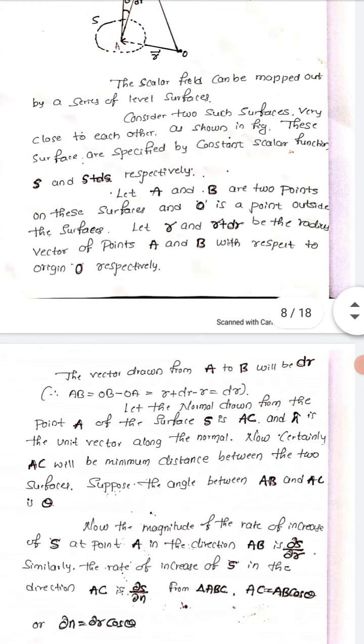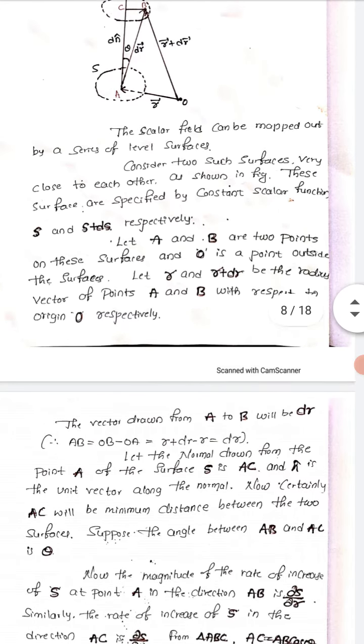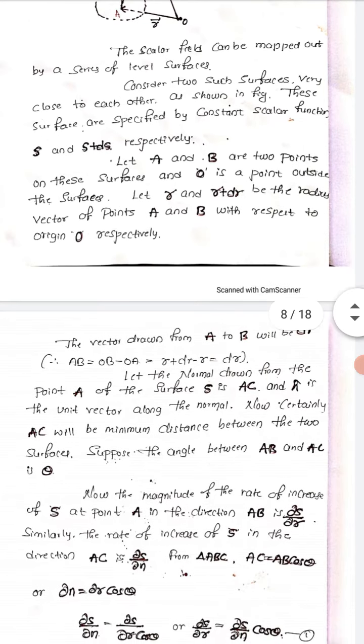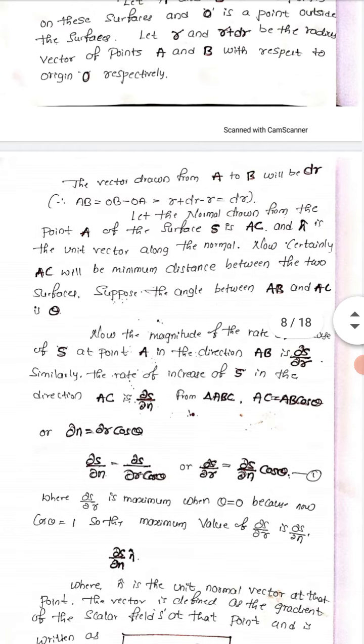From triangle ABC, AC equal to AB cos theta, then dn equal to dr cos theta. So dou S divided by dou n equal to dou S divided by dou r into cos theta, or dou S divided by dou r equal to dou S divided by dou n into cos theta.